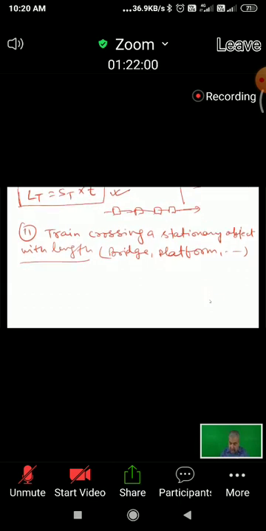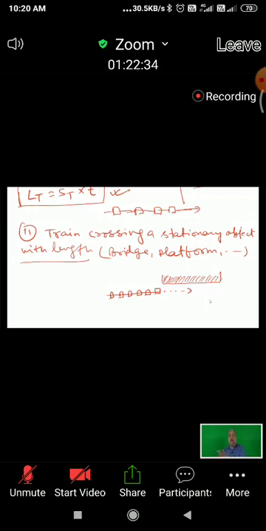Now see in this situation, suppose this is the platform, or this is a bridge, and the train is coming and crossing this platform. First the train will cover the length of the platform, then it will cover its own length.